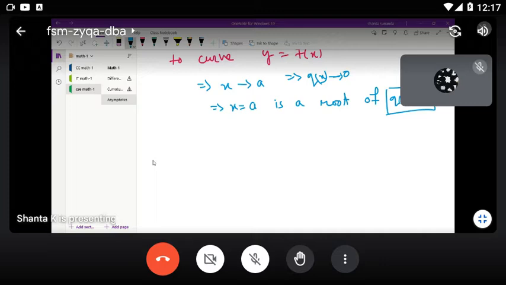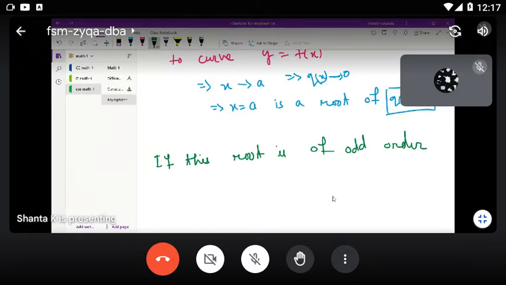So here, if this root is of odd order, what happens? We will do one example also.